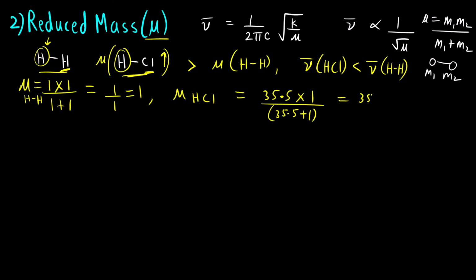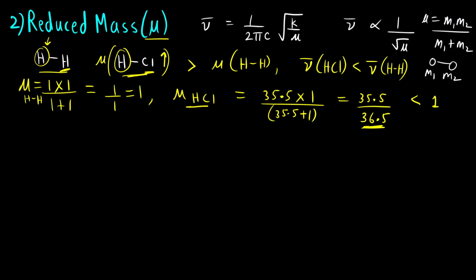So this will be 35.5 divided by 36.5. You can see the denominator is higher, so obviously this value will be less than 1. In this way the reduced mass of HCl is less than that of hydrogen.